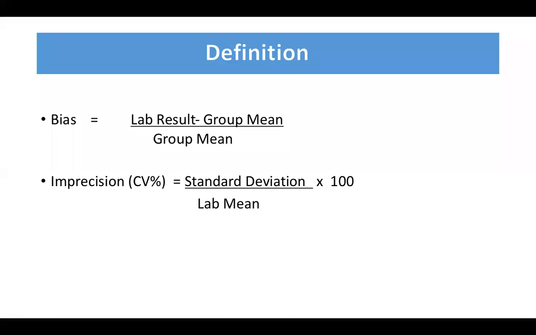Process outcome: how many puncture failures out of given possibilities, how many typing errors out of given possibilities, or how many patients without a completely filled test request out of given possibilities. So like that, we can imagine any situation and apply Six Sigma there, process outcome.